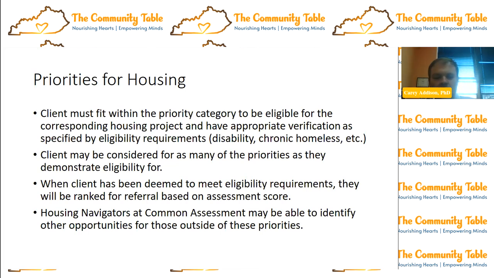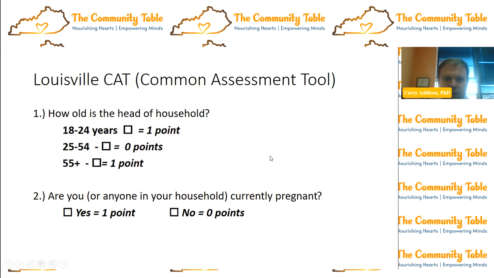And we do sometimes, we're able to help people who fall outside of those categories. That's what our housing navigators, we have 2 staff members, do: they help people apply for site-based Section 8 and other subsidized housing opportunities. So we know those priorities are going to be our prime area for housing people, but we are sometimes able to help people outside of them as well.